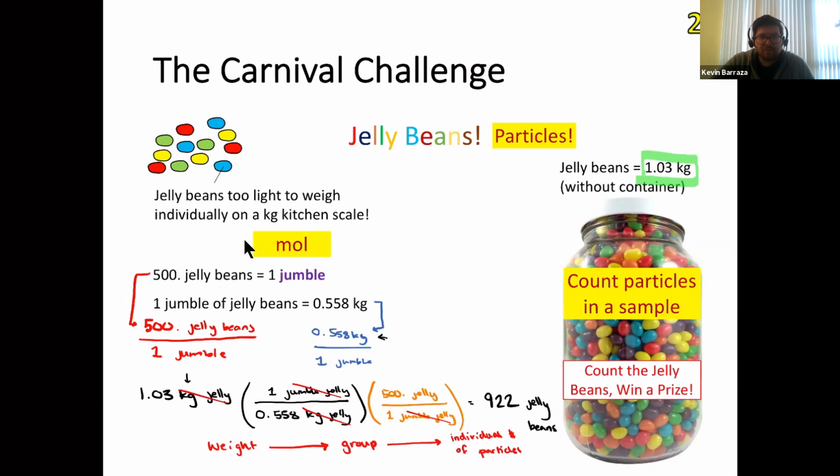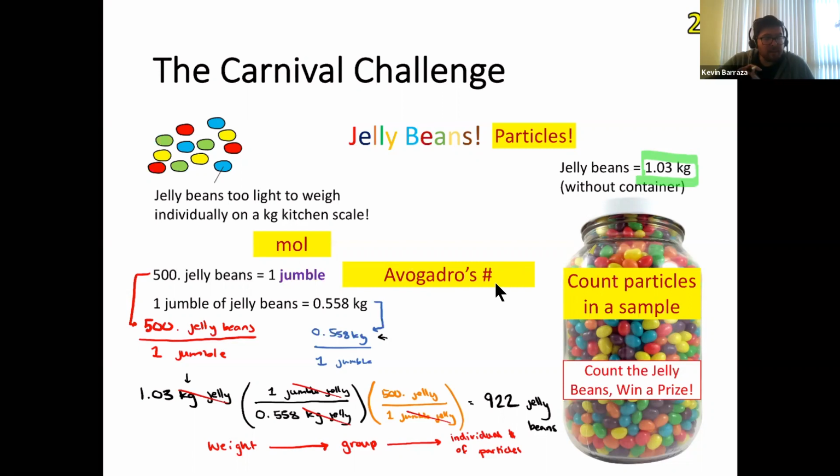Well, in this case, we made up what a group of jelly beans is called, but that's really going to be our mole conversion. So we recognize that whenever we're creating a group of something, we're creating that conversion factor. That's identical to when we introduced Avogadro's number as a conversion factor.